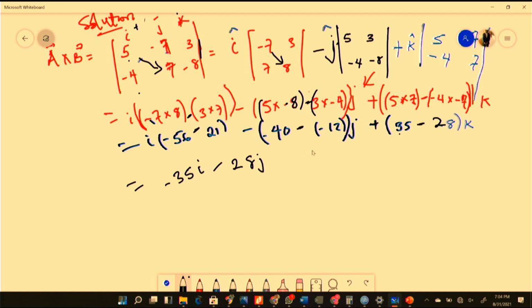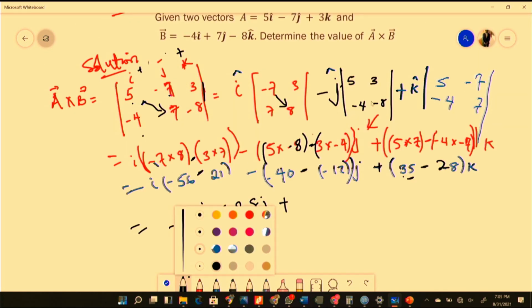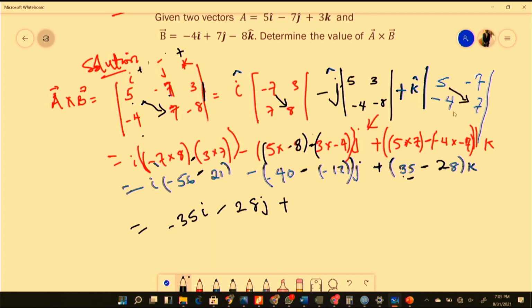Now let's look at our k component. We have 5 times 7 minus 4 minus 7, which is minus 4 times minus 7. So we have our minus here. 5 times 7 is 35. Minus 4 minus 7 becomes minus 28.